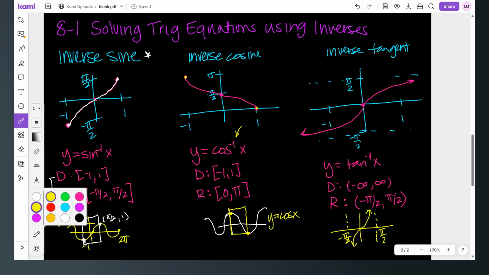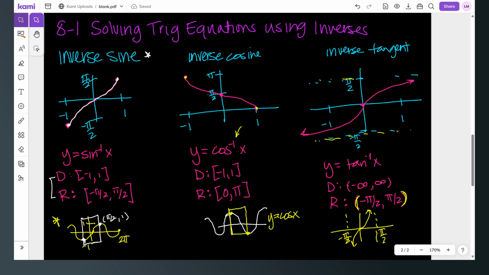My vertical asymptotes become horizontal asymptotes at pi over 2 and negative pi over 2, and then my graph is positive and then negative. So that's the inverse tangent graph. Domain is all real numbers. Range stays between negative pi over 2 and pi over 2, and notice these are parentheses on this one because those are horizontal asymptotes and it's not going to cross those.